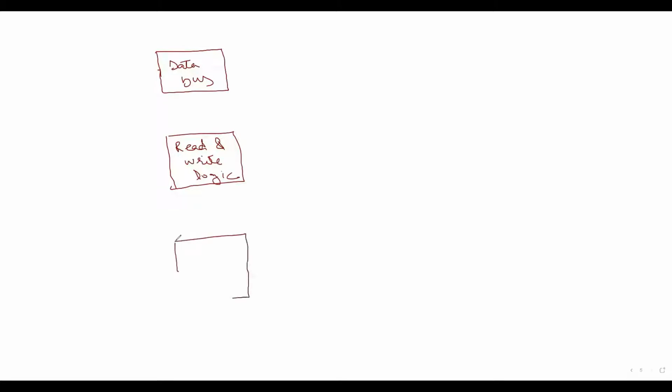So in the block diagram, you can see that we have the following components. We have the data bus, a read-write logic, cascade buffer, then we have control logic.